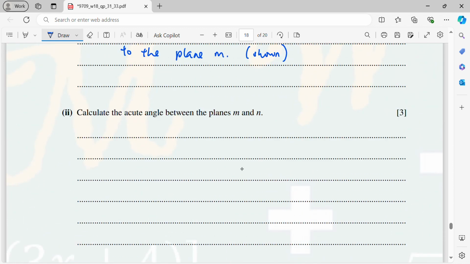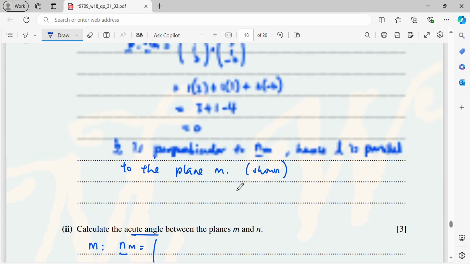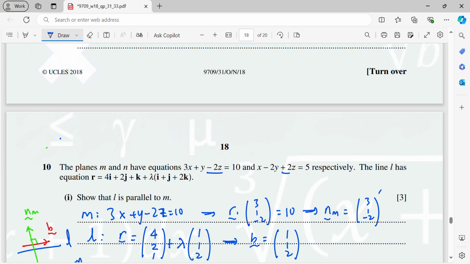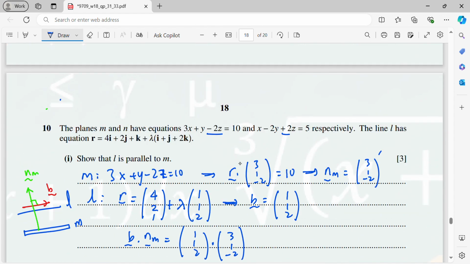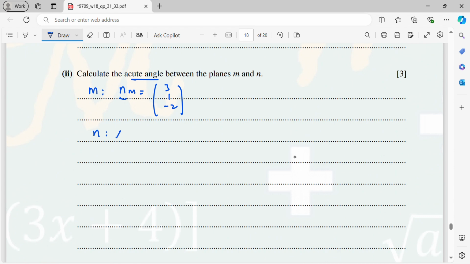Now part 2, calculate the acute angle between the planes M and N. For M, I have found the normal vector just now, that is (3, 1, minus 2). Now for the plane N, the Cartesian equation is x minus 2y plus 2z equals 5.